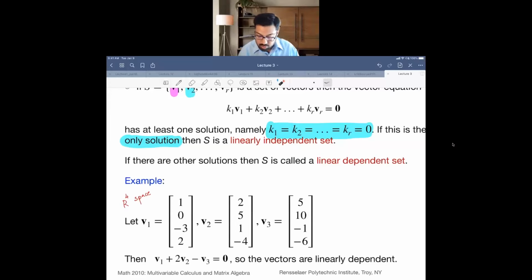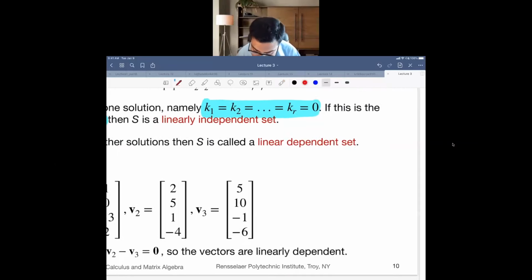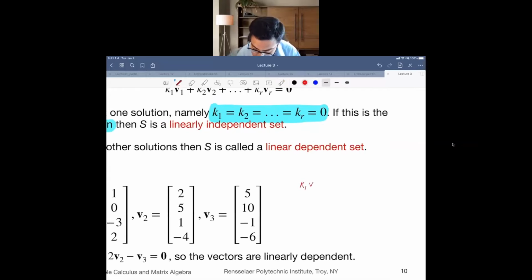Well, if you want to check, then you are checking for something like this: k1 v1. Let me write k1 and then v1. I will underline the v to indicate that it is a vector. K1 is a scalar.